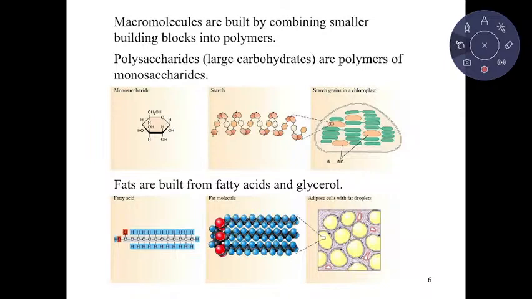In cells like adipose cells, as we know, adipose cells contain fat droplets. In the fat droplets, combined fatty acid molecules and fat molecules are present, and they function accordingly.